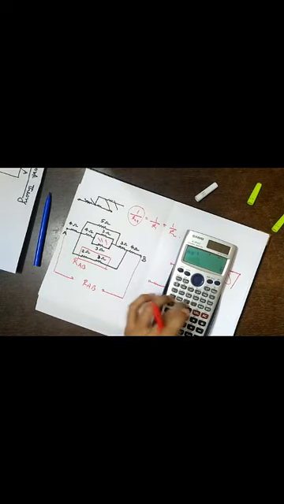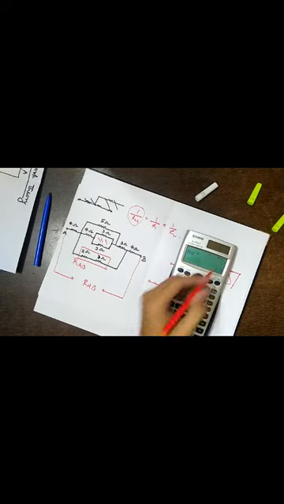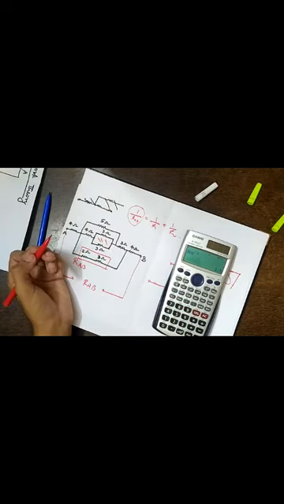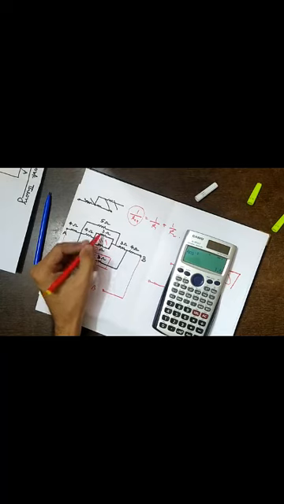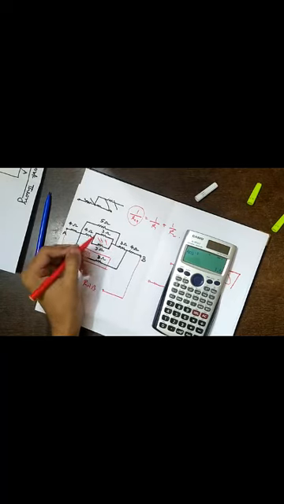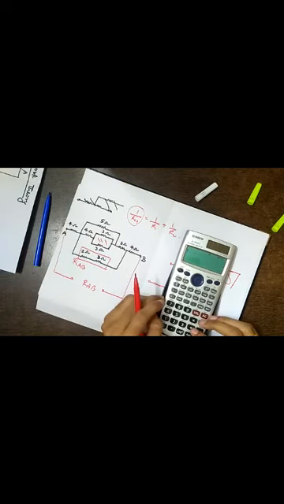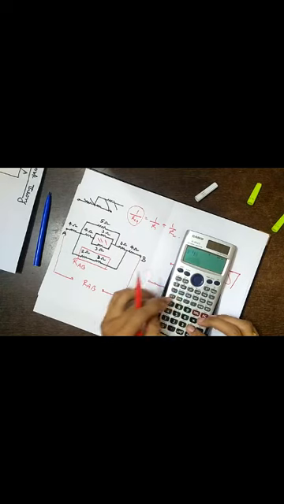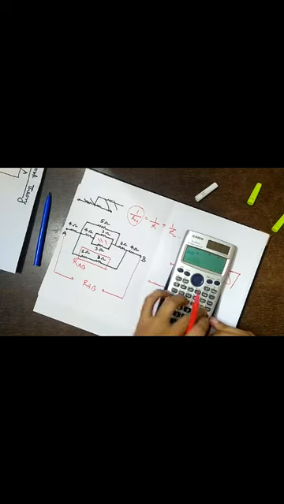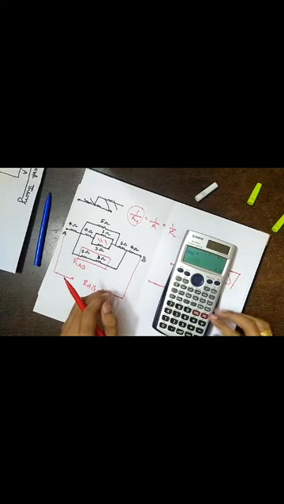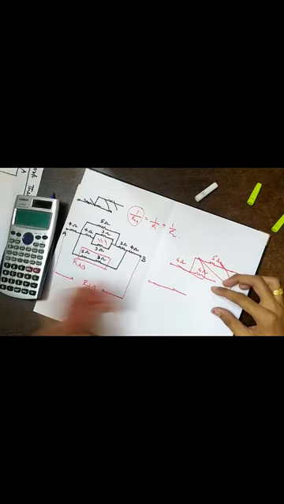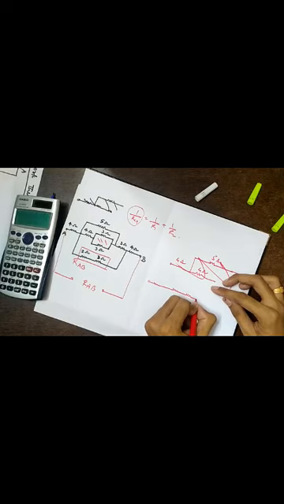This is your answer for 3 parallel with 3. You observe it is just half of the resistors. So whenever two same resistors are in parallel, the value is directly half. You don't have to calculate. Instead of using 1 by 3, 1 by 3, you can do 3 inverse plus 3 inverse, then again inverse. You get the same answer. This way you will avoid mistakes also. So this is 1.5.